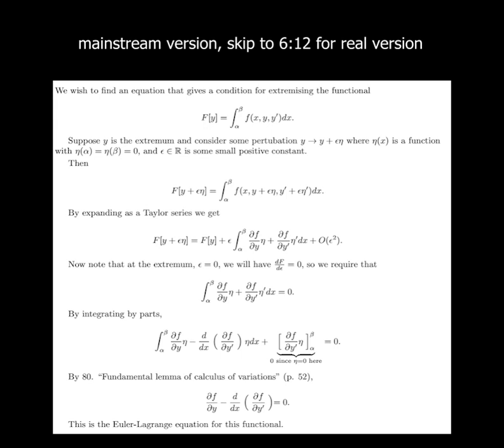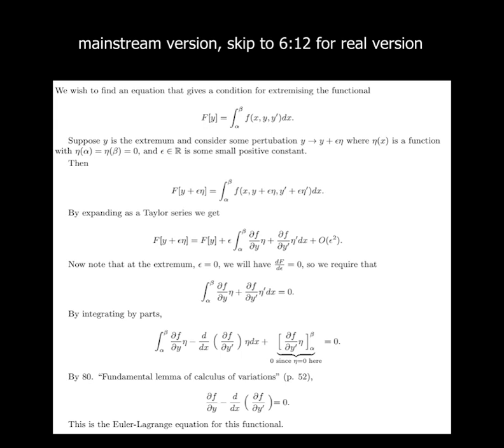Then we know F of y plus epsilon eta is the integral from alpha to beta of f of x, y plus epsilon eta, y prime plus epsilon eta prime dx.